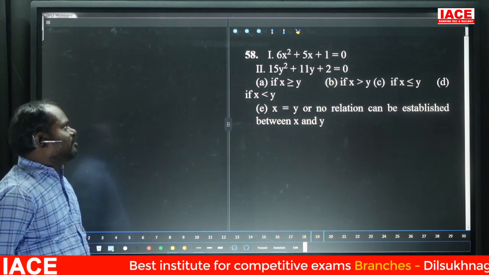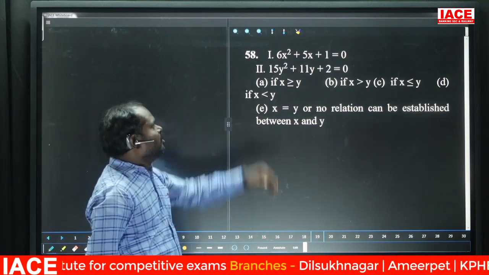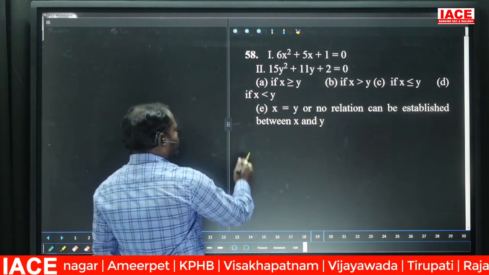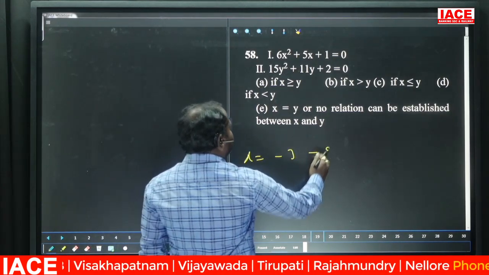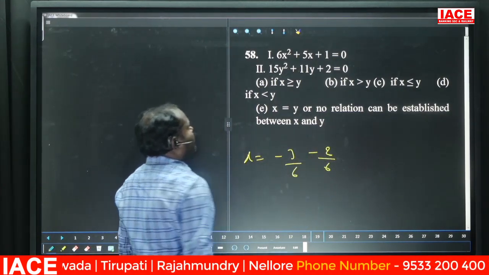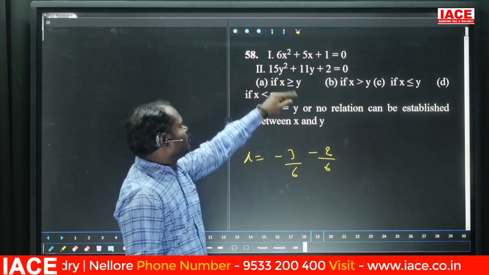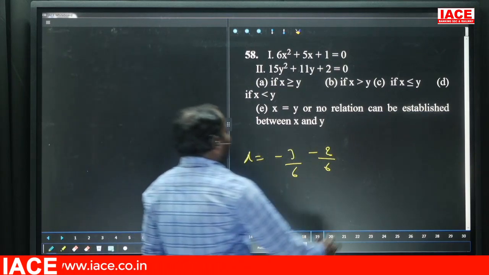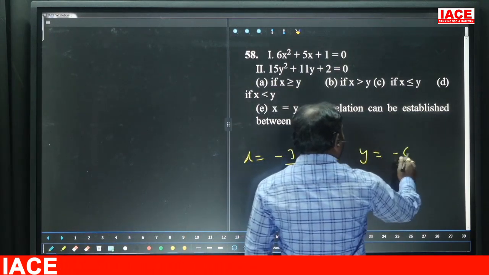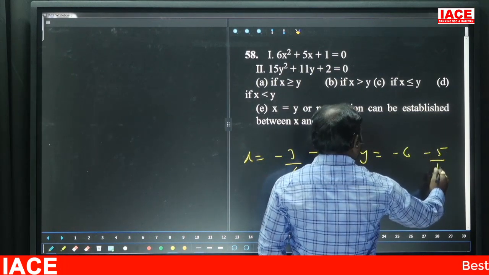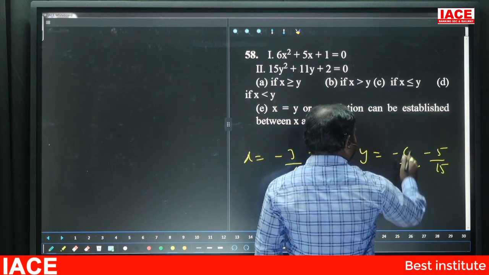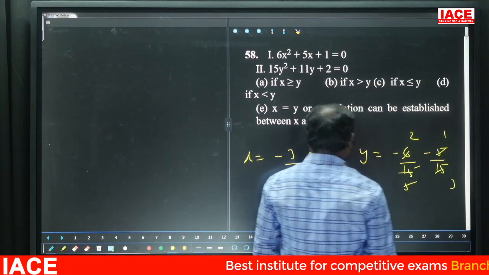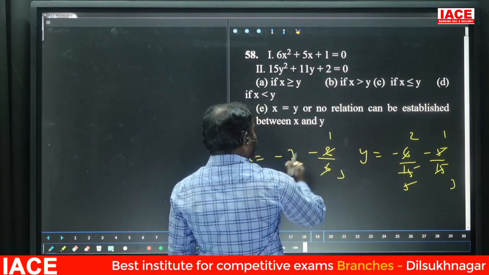6x square plus 5x plus 1. 6 ones are 6, 3 twos are 6, and 3 plus 2 is 5. So x values are minus 3 and minus 2 by 6, that is minus 1 by 2 and minus 1 by 3. Second equation: 15 into 2 is 30, 6 fives is 30, and 6 plus 5 is 11. So y values are minus 6 and minus 5 by 15, that is minus 2 by 5 and minus 1 by 3.